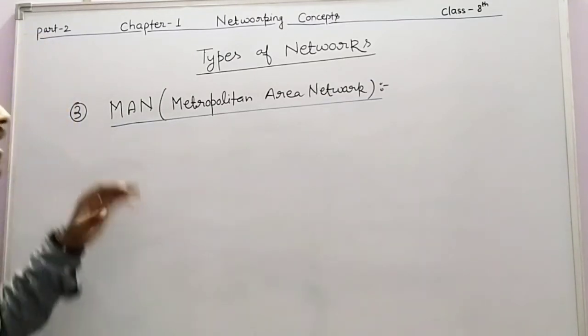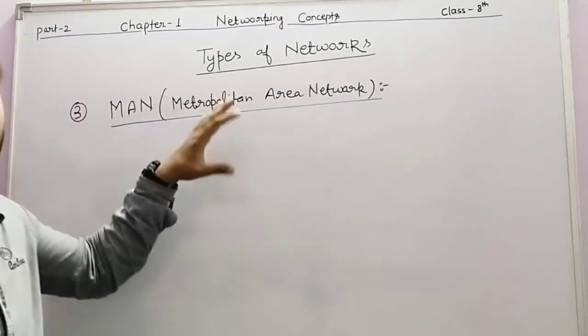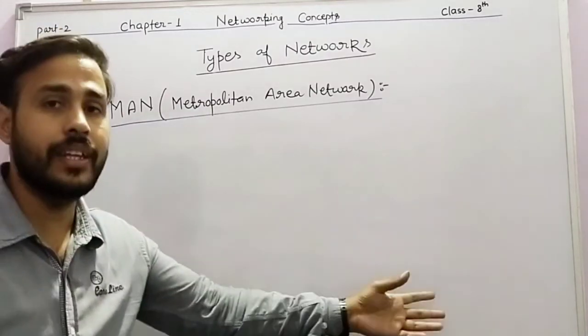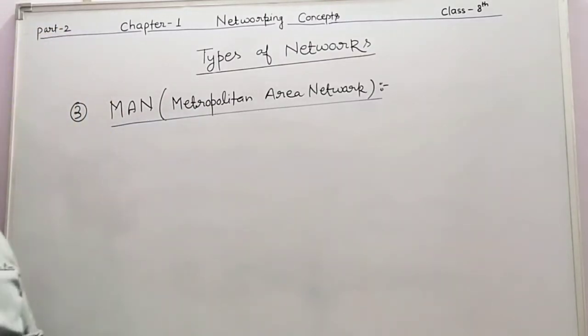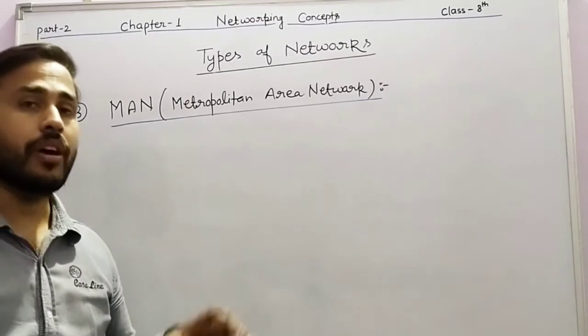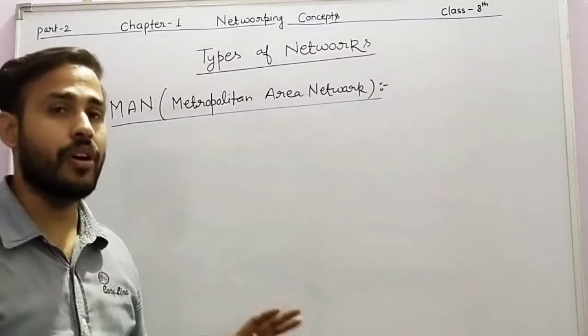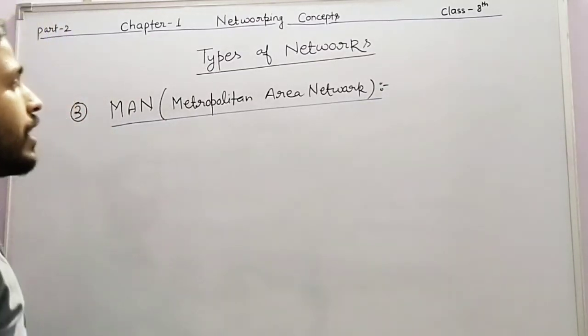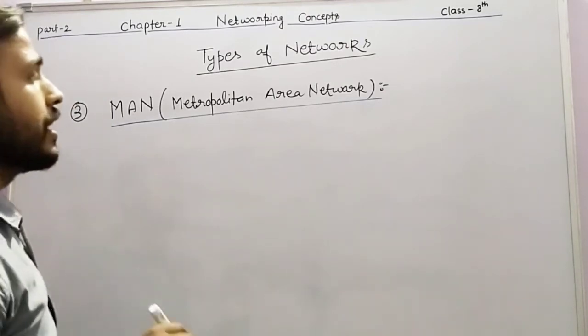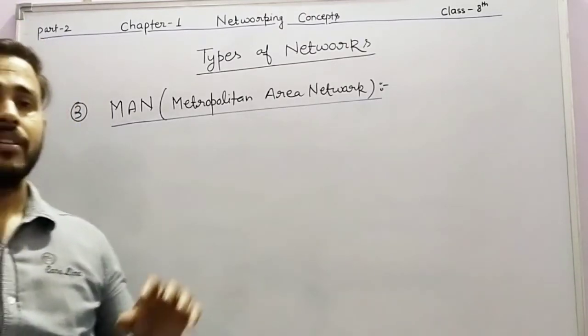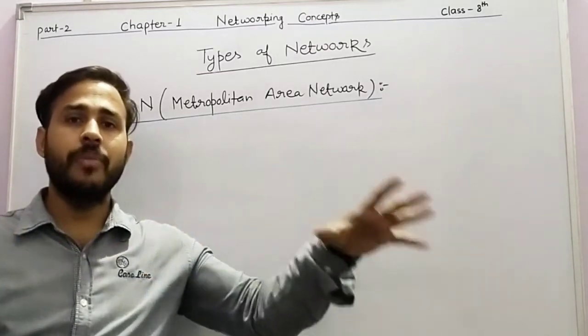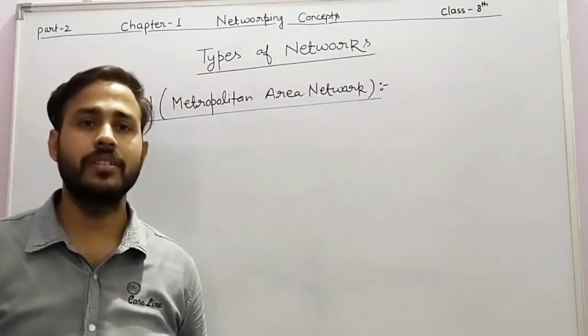I am repeating. In this type of network, we can cover different areas of a single city. For example, if we are talking about Gorakhpur, in Gorakhpur there are many banks.